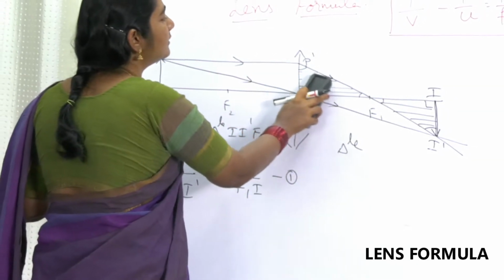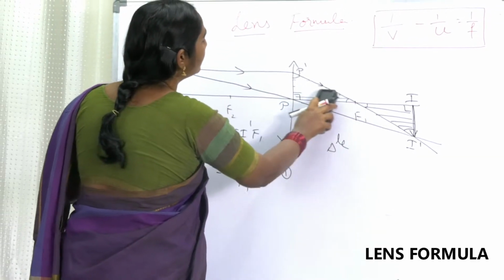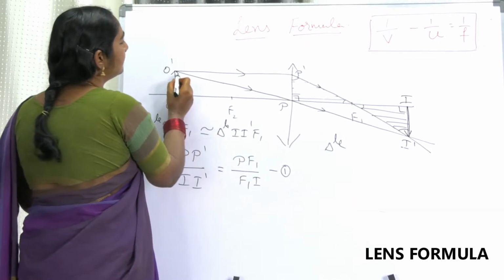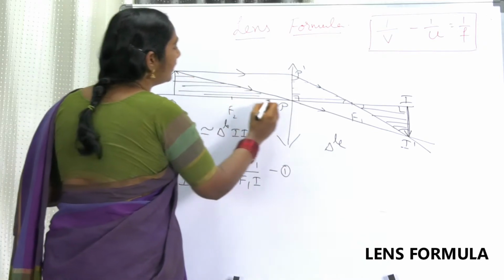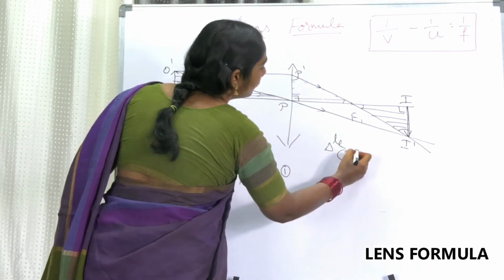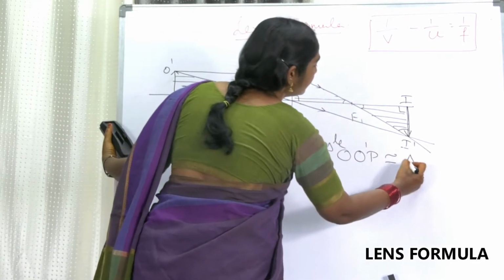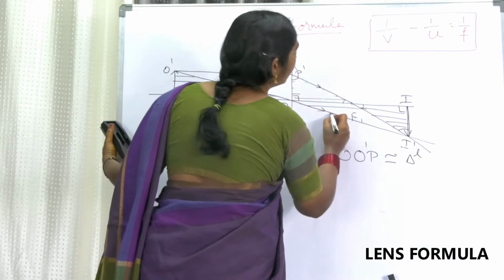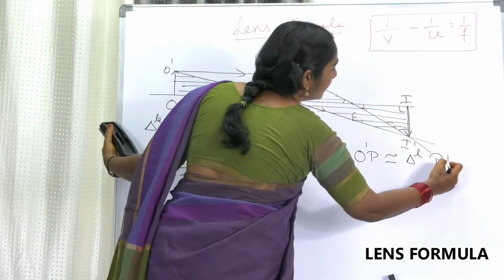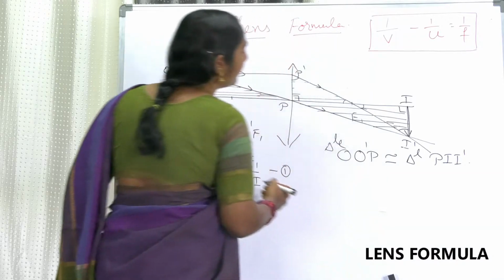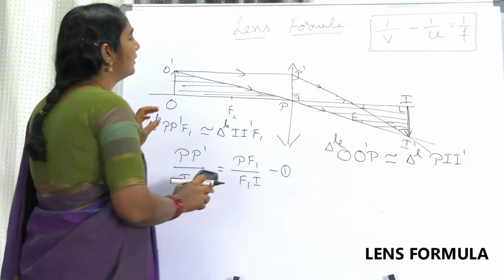This is one triangle, O dash P, and it is similar to this triangle, with I dash. Now we are trying to compare these two triangles. These two triangles are similar.